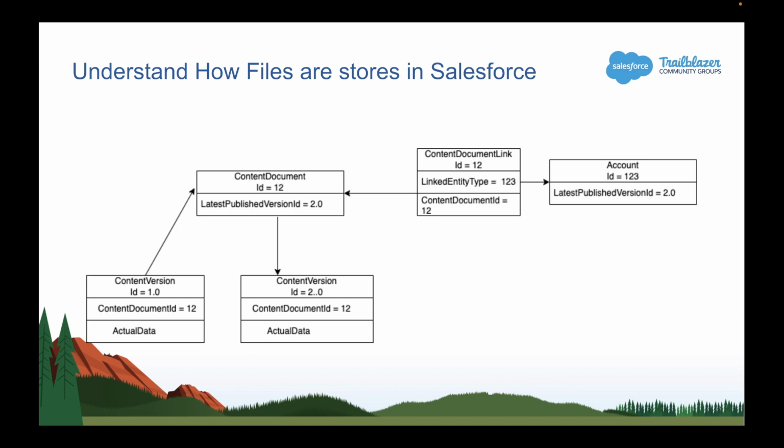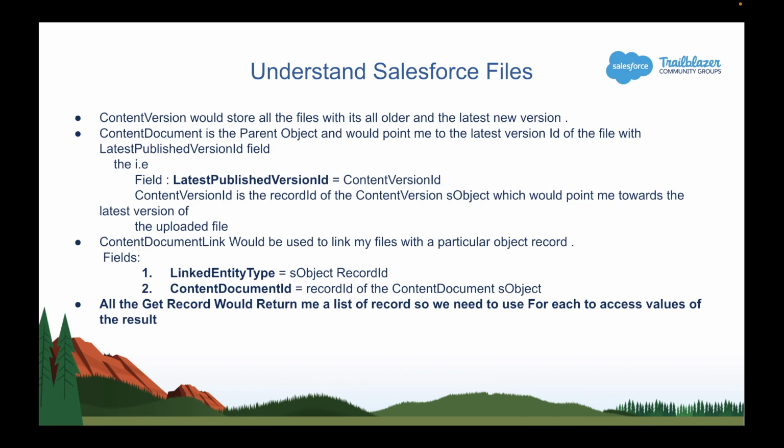And then content document link is used to link my object records with my content document record, which would then point me towards the latest version of the file. So this is how we store our files in Salesforce.